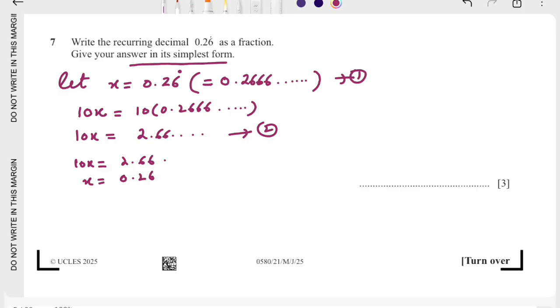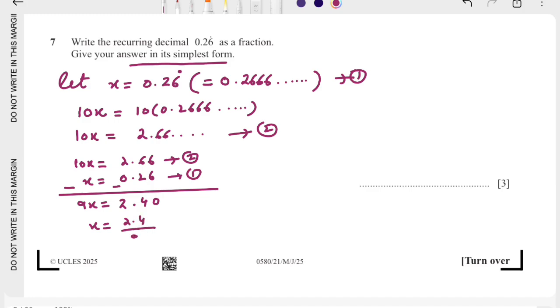So we'll subtract them. 10x minus x is 9x is equal to 6 minus 6 is 0 and 6 minus 2 is 4, so 2.4. So x is equal to 2.4 divided by 9.